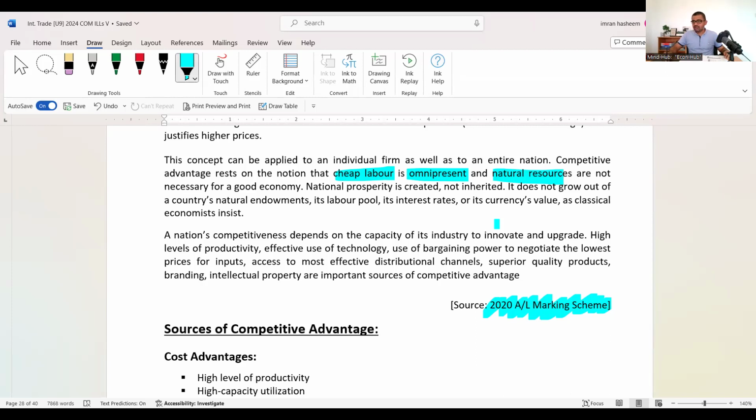This whole part is a bit important, so when you read it, give it a bit of importance. A nation's competitiveness depends on the capacity of the industry to innovate and upgrade. So it's now tech driven. Competition is tech driven.